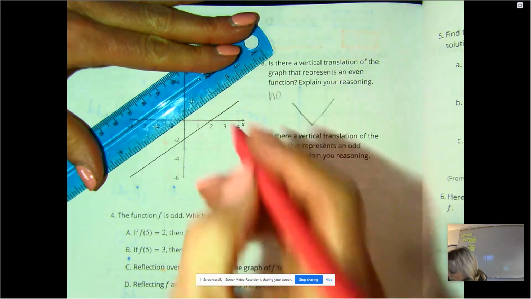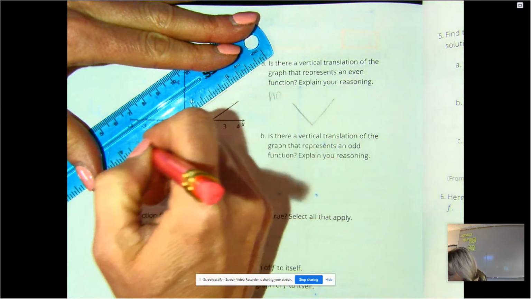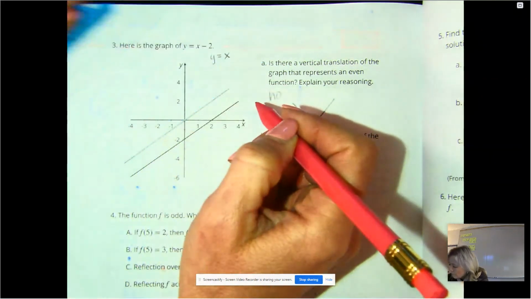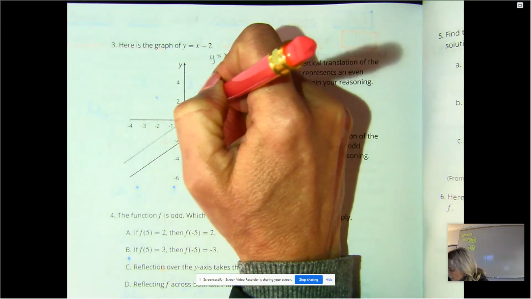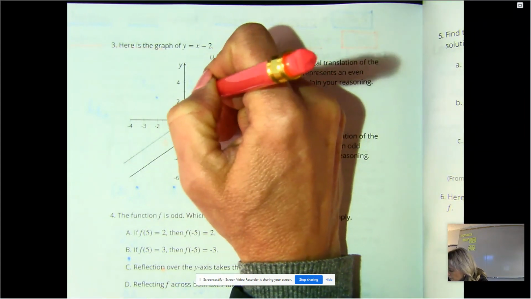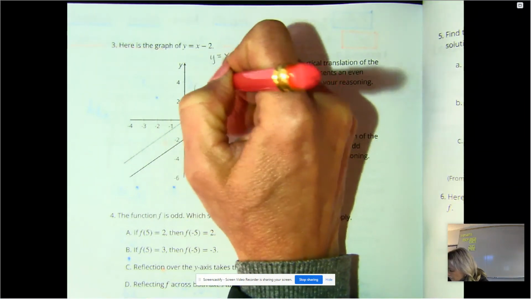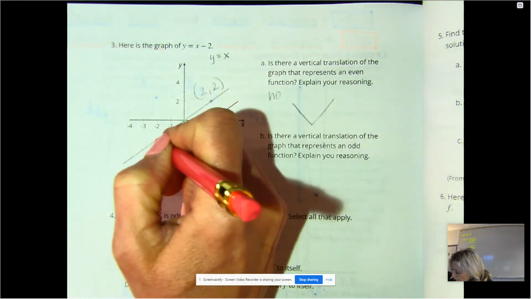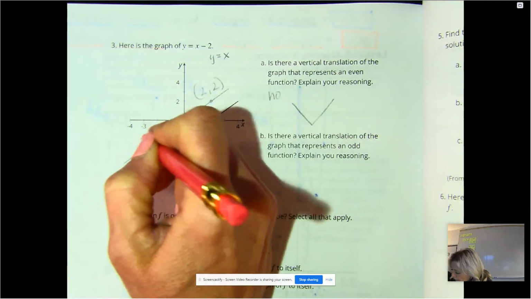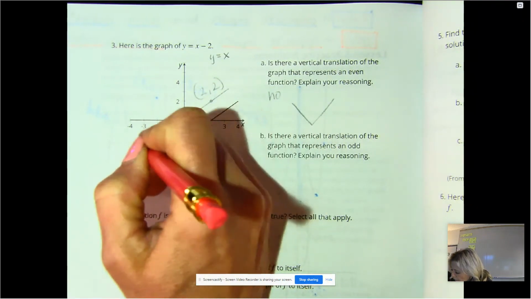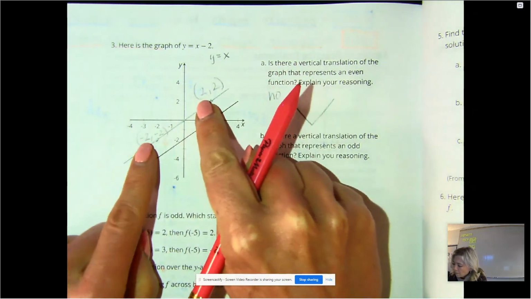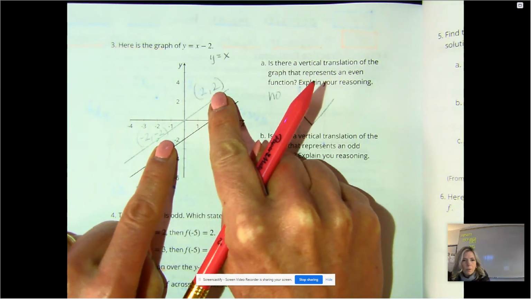The x and y values are the same. So at this point right here, let's say, this is the point 2, 2. Well, this point over here is at negative 2, negative 2. So opposite inputs have opposite outputs.